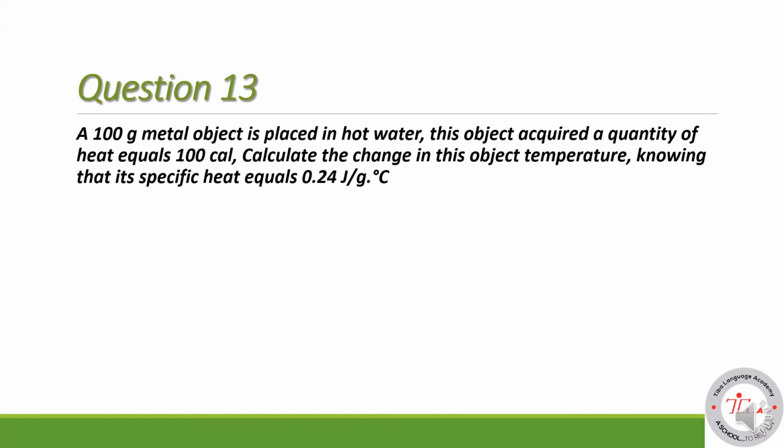Question 13. A 100-gram metal object is placed in hot water. This object acquired a quantity of heat equal to 100 calories. This is Q. Calculate the change in this object's temperature. We need delta T, knowing that its specific heat equals 0.24 joule per gram degree Celsius.